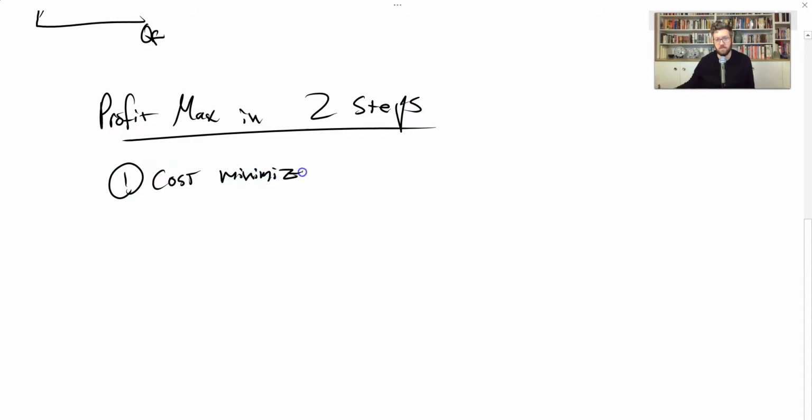What that means is, rather than writing the profit function down and so on, we derive a function that is essentially the answer to this question: for any Q, what is the minimum cost to produce Q, if you use your resources really efficiently?